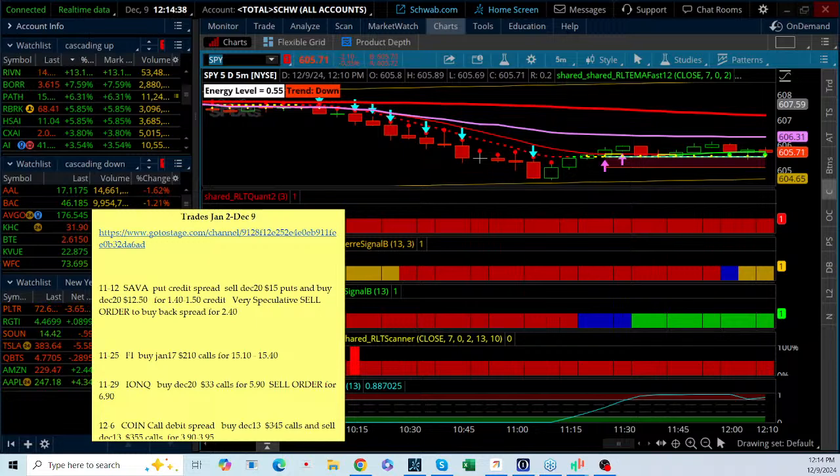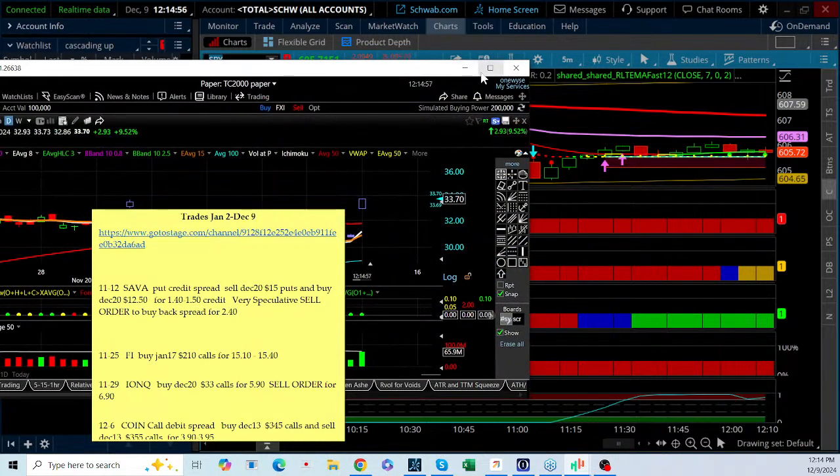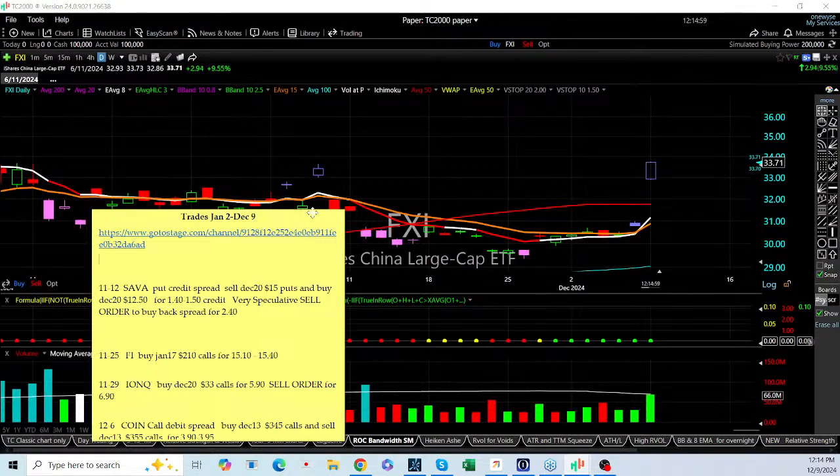Someone asks about the Chinese news. Yeah, they had the Chinese put more stimulus into the market over there, which is driving up all of the Chinese stocks. The FXI was up pretty big this morning. That's the Chinese large-cap ETF. Right now it's up 9.5%. This is the FXI, which is the ETF on the Chinese stocks.